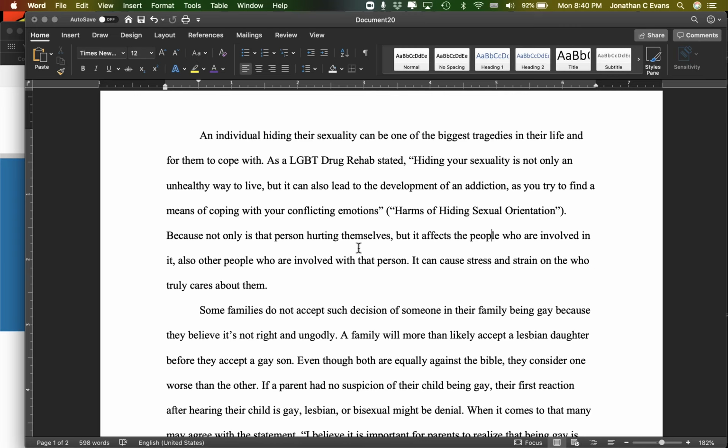Close quote. Harms of hiding sexual orientation. Then the explanation: because not only is that person hurting themselves, but it affects the other people who are involved with that person. It can cause stress and strain on those who truly care about them.